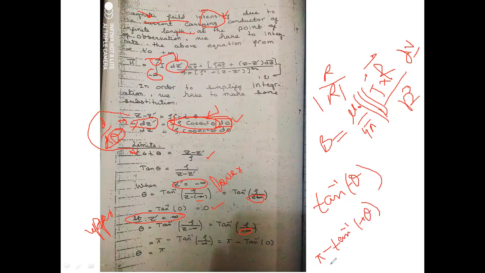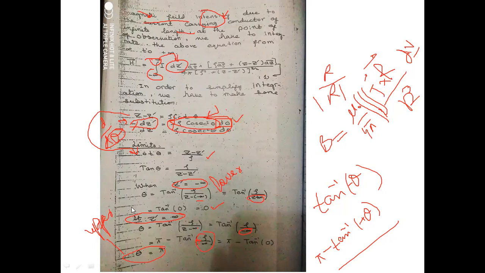So using this technique, we replace this by pi minus tangent inverse, plus angle theta. This is again 0, tangent inverse 0 is 0, and we are left with theta equal to pi for the upper limit.